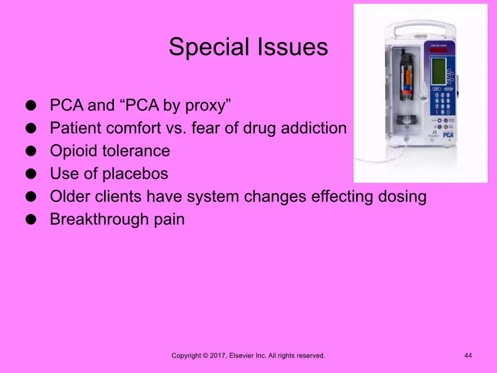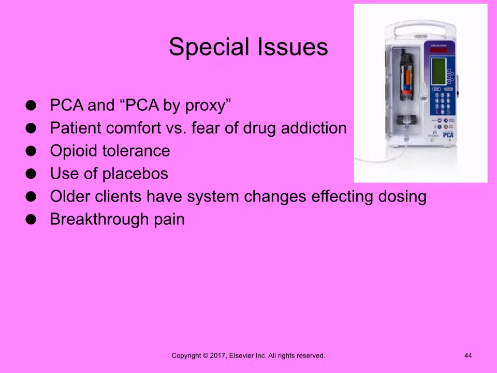Then there are special issues. The PCA pump. A lot of times you want to watch for respiratory depression. They usually need to be alert to press the button for the PCA pump. However, sometimes family members do that for them.